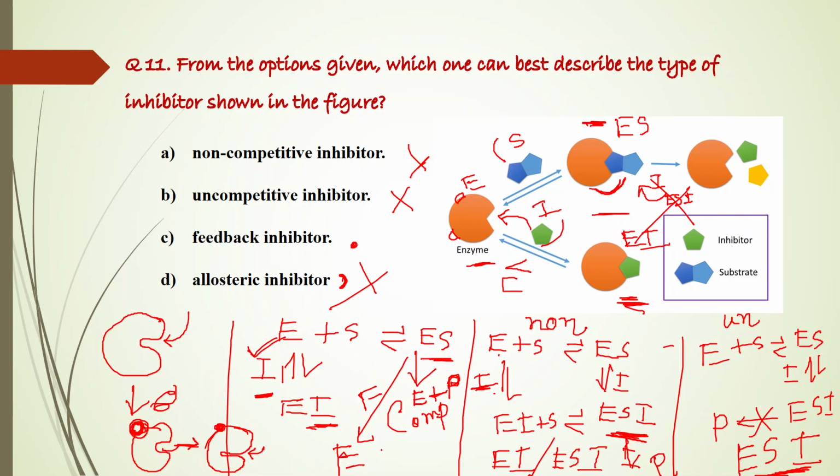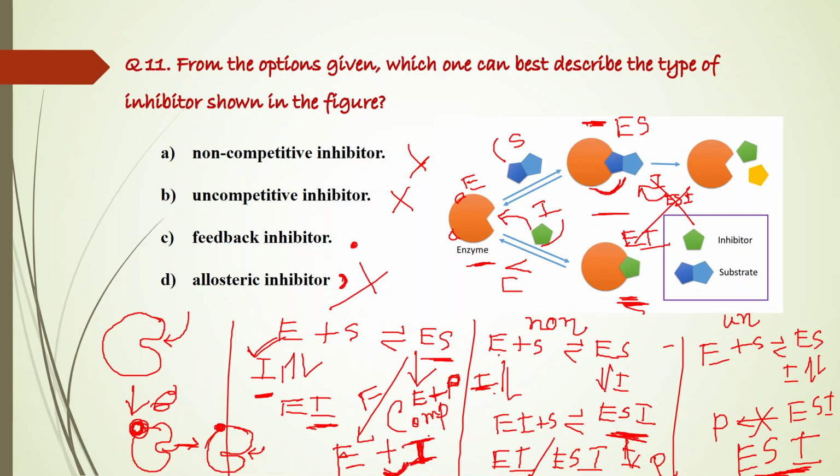The enzyme is coming back to its original state, but the product that you are getting is itself an inhibitor for the enzyme. In case of competitive inhibition, it is a normal product written as P. But in case of feedback inhibition, the product itself is the inhibitor for your enzyme.